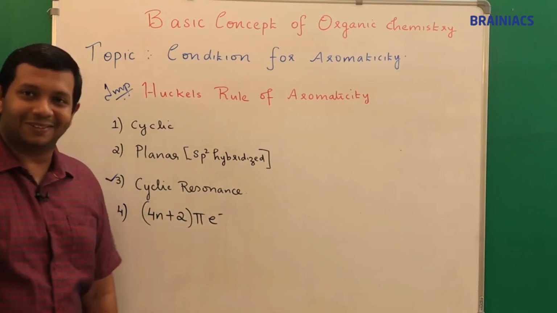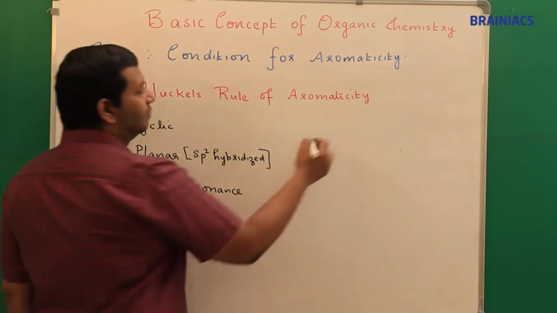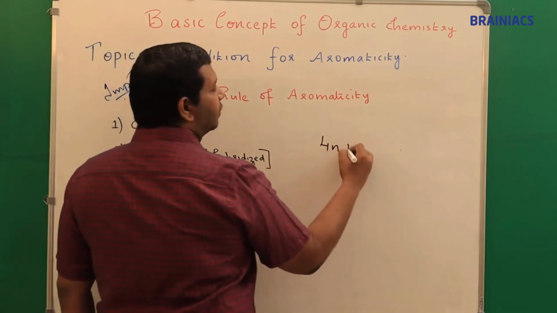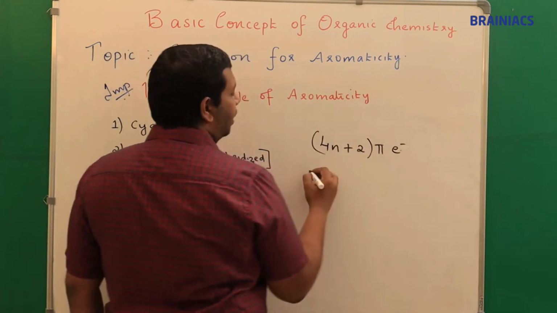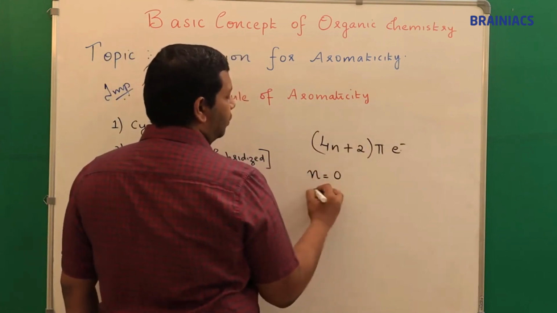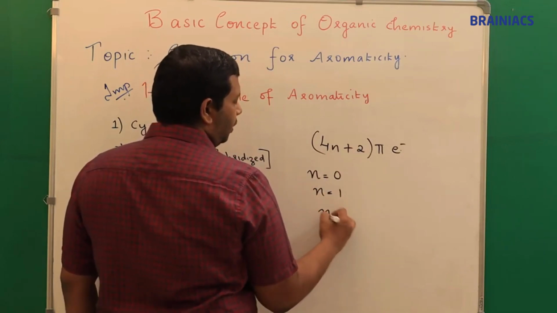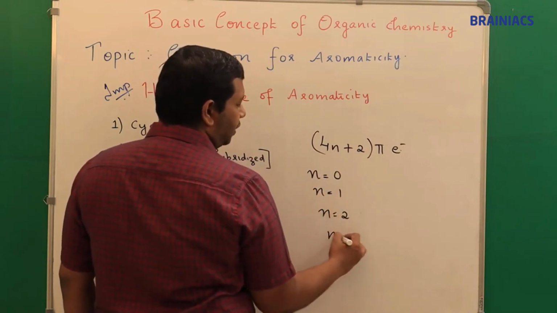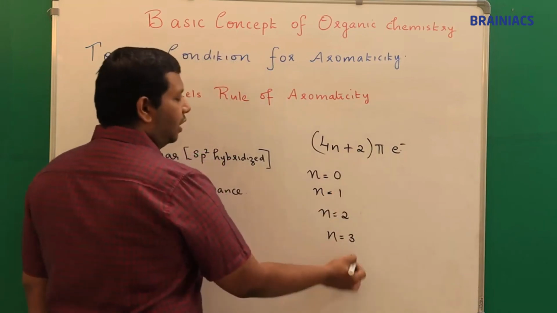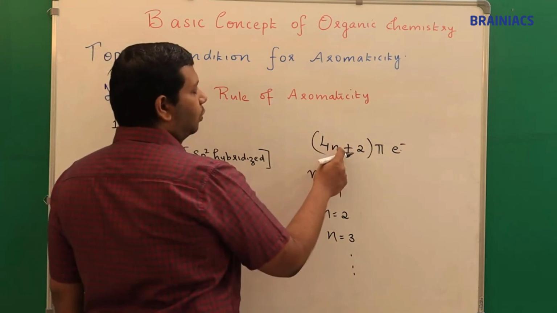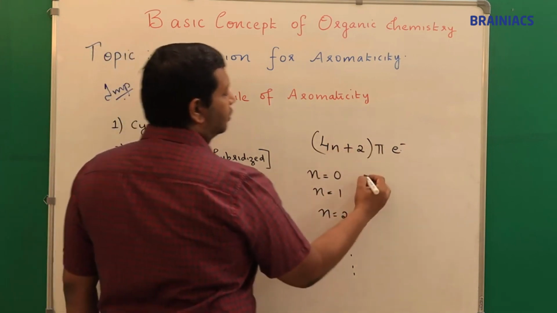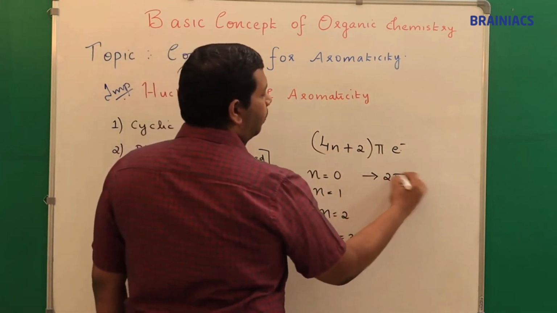What is this 4n plus 2 pi electron? Listen here, very simple. 4n plus 2 pi electron means put different values for n: n is equal to 0, n is equal to 1, n is equal to 2, n is equal to 3. When you keep 0, 4 into 0, 0 plus 2, so how many pi electrons will come? 2 pi electrons.